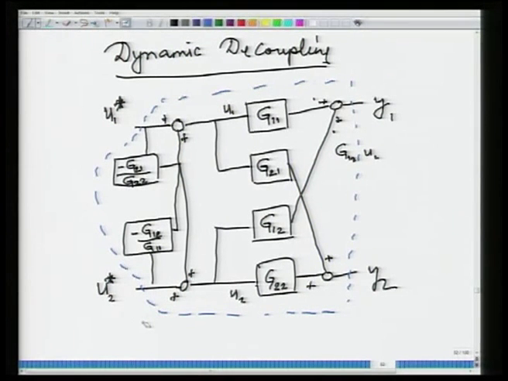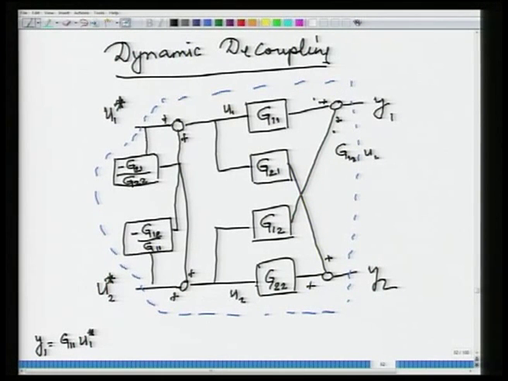So, let us see what is the dependence of y1 on u1 star and u2 star. y1 would be equal to g11 times u1 star, that is this guy.